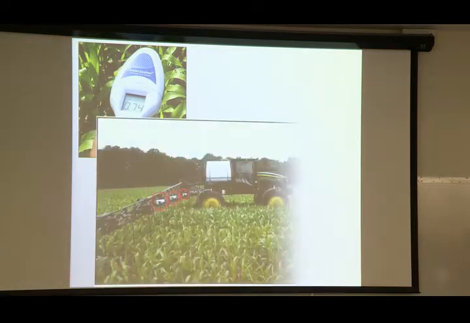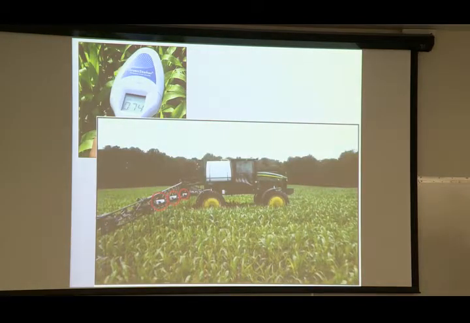Then you take that reading, and with your equipment-mounted GreenSeekers, you drive along, and it looks out in front of you, and it says, okay, where am I seeing an NDVI that's a certain percentage below what this standard should be here? And when it gets low enough, it comes to that area of the field, and it adds more nitrogen. Okay? So the theory is fine, right?